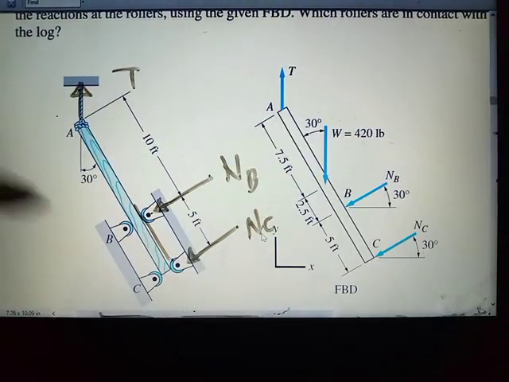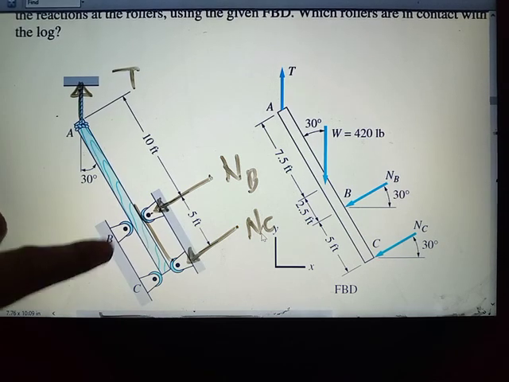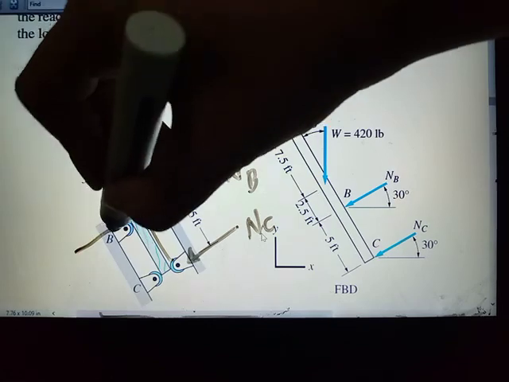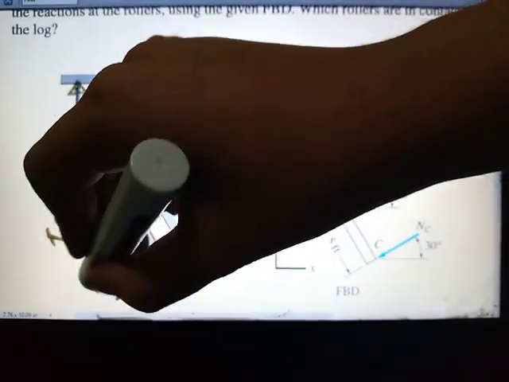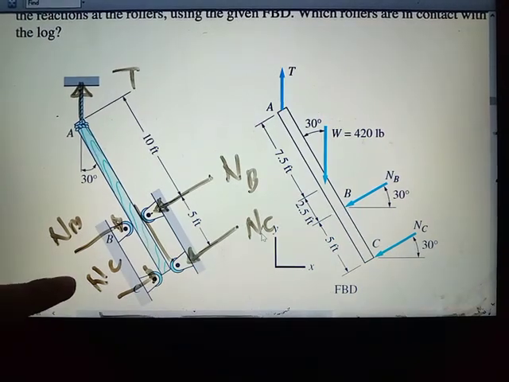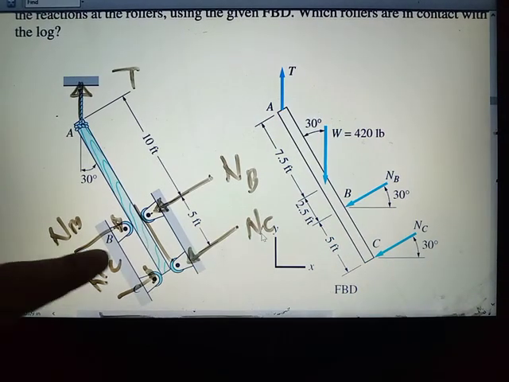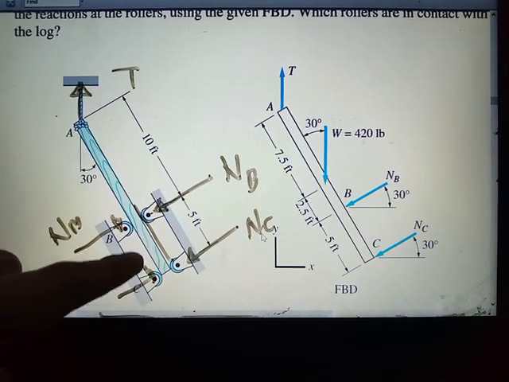So, you might ask, bakit wala doon sa kabila, sir? Di ba dapat may ruler din sa kabila? May NB and NC din? So, pwede din NB tsaka NC dito. Kaya lang, they are the same forces. As you can see, magkabilaan lang sila. Okay? At ito yung body mo.